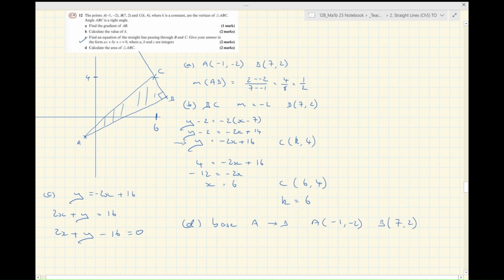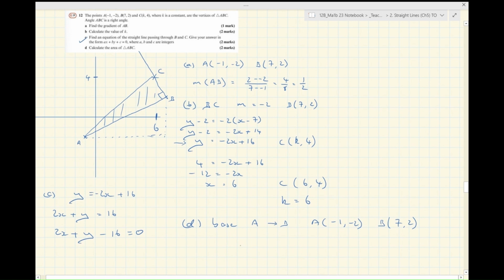So that distance from A to B, I'm going to use Pythagoras now and think about this right angle triangle here. So the difference in my x coordinates is 8.